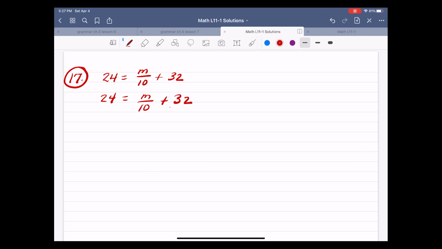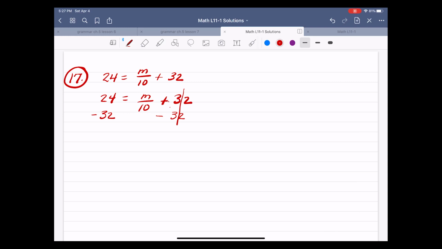And I want to look and find out what my variable is. My variable is m over 10, and this plus 32 right here is in the way, so I want to get rid of it. What's the inverse of plus 32? Minus 32. If I subtract 32 from the right, I've got to subtract 32 from the left.